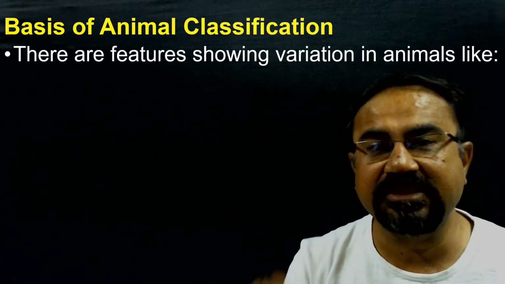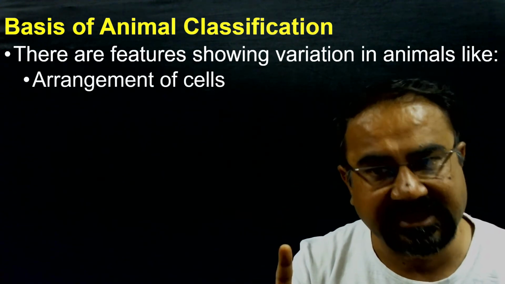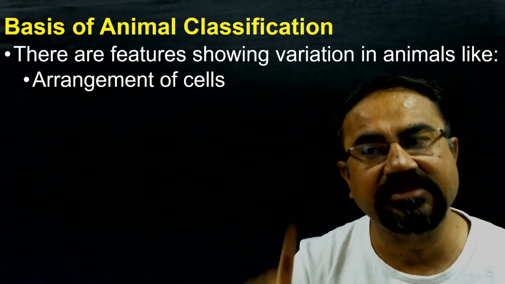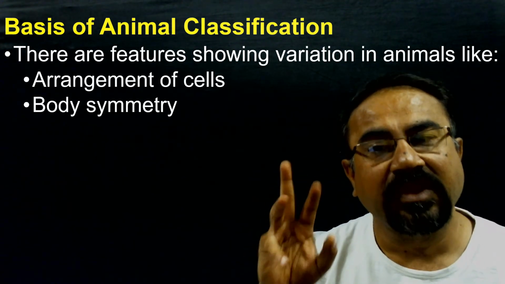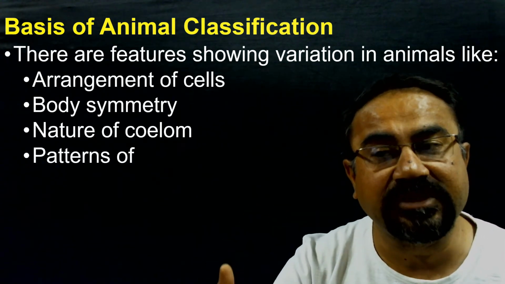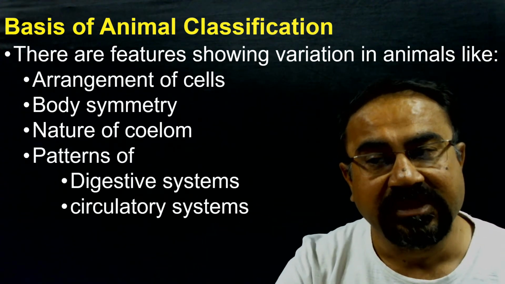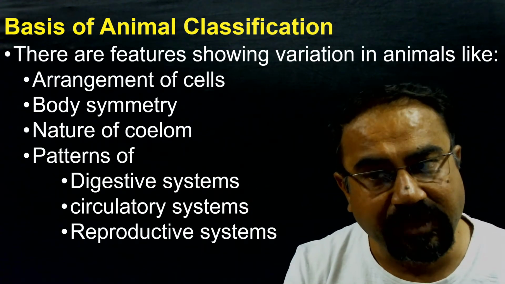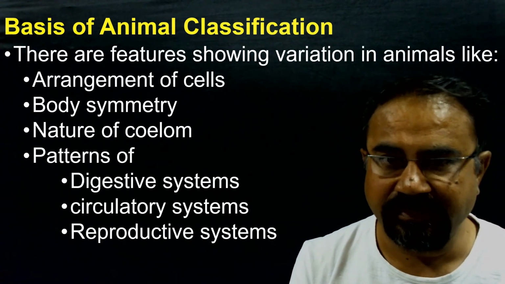What are the differences? The arrangement of cells, body symmetry, nature of coelom, and pattern of different kinds of systems like digestive system, circulatory system, reproductive system, and so on.